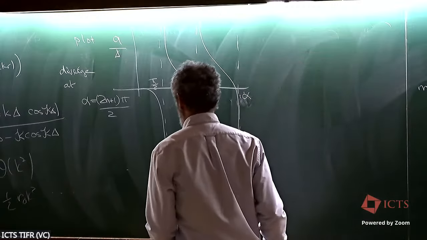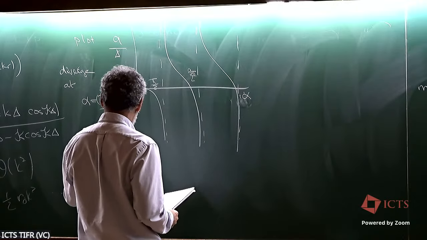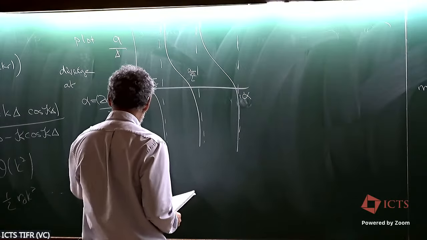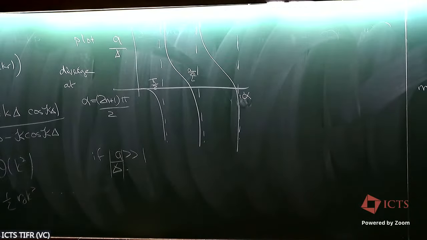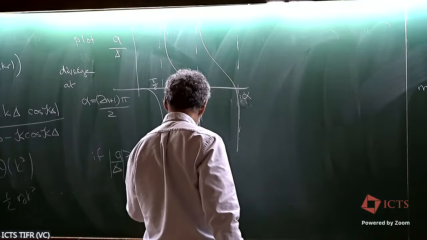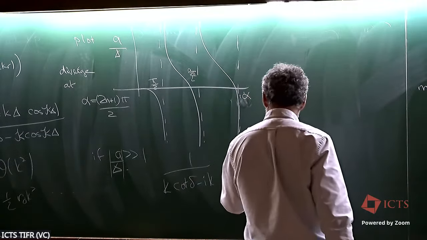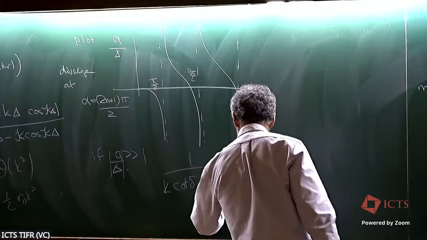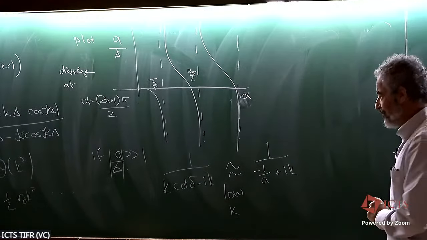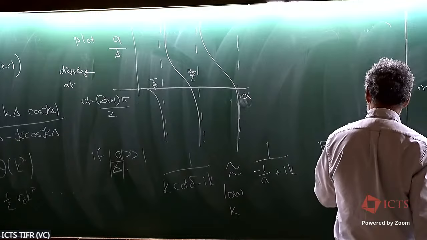If a over delta is very, very big, namely it's near one of these dotted lines, then if you look at this expression for the amplitude, if you go to low enough k, all you have to worry about is this leading term, and you find a pole at k equals i over a.